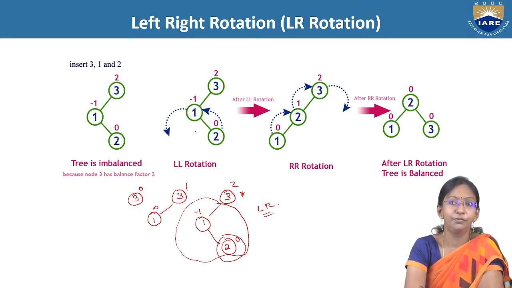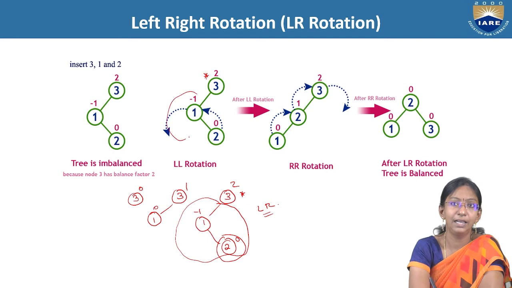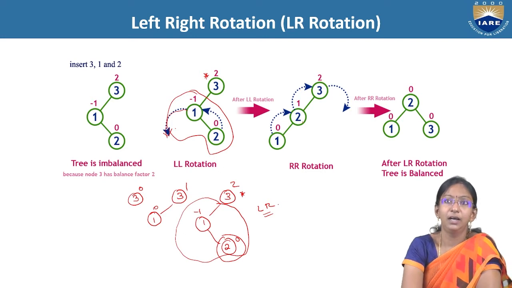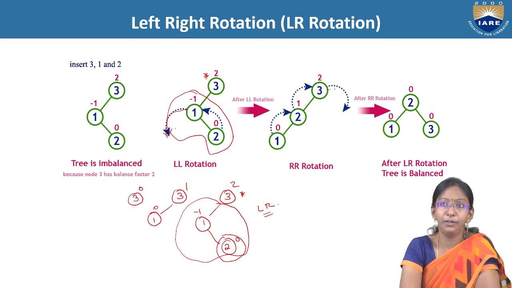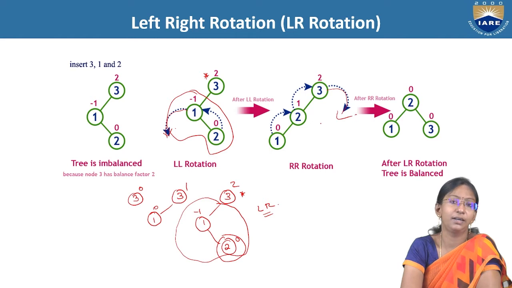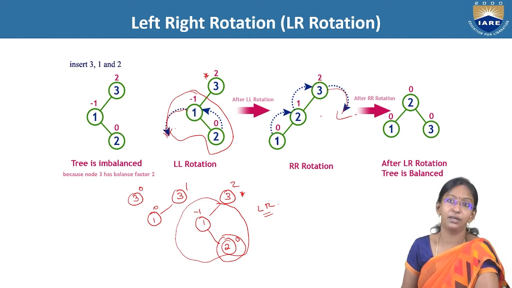Very simple. First left and then right. Left of what? Left of the affected node. The left subtree will be rotated left first. Then the affected node will be rotated right. That is, 3 will be rotated right.